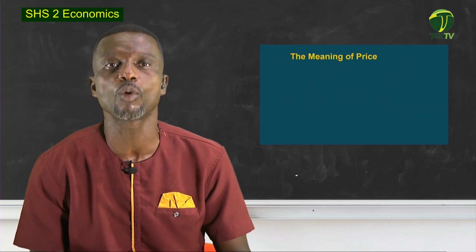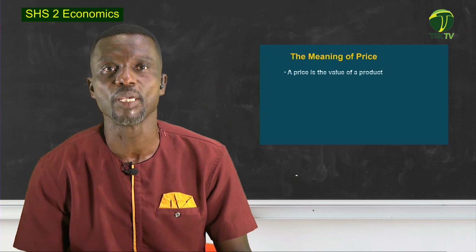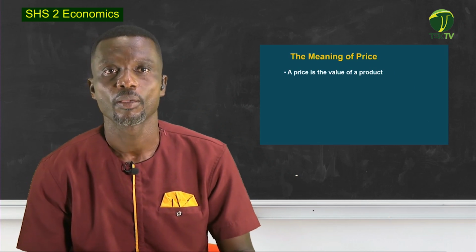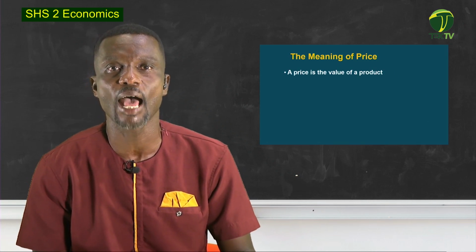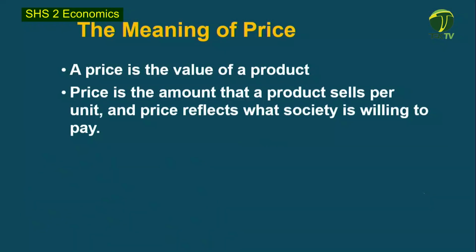So we want to look at what is price, the meaning of price. Price is seen as the value of a product, and by that we are referring to the amount that a product sells per unit. And price, in essence, reflects what society is willing to pay.